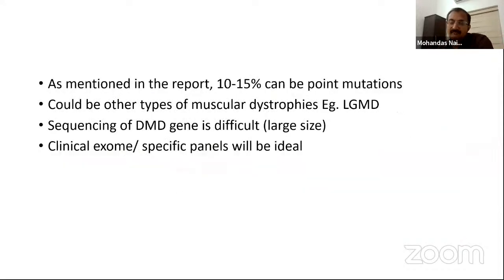For looking for point mutations, you can do sequencing of the DMD gene, which is difficult because of the large size of the gene. So usually we go for clinical exome or specific panels for muscular dystrophies. It can still be Duchenne muscular dystrophy, or some other muscular dystrophy like limb-girdle muscular dystrophy. And you know the various differential diagnoses in a child with progressive proximal muscle weakness.